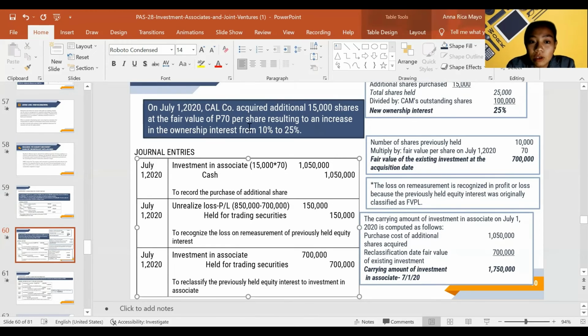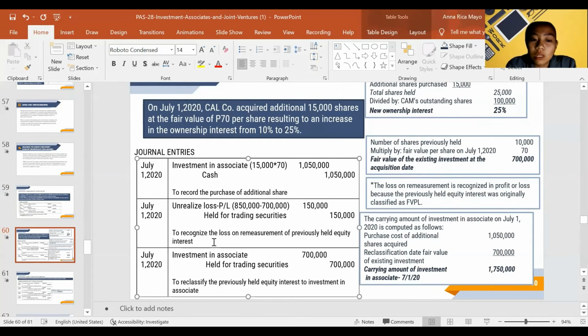And then dito, yung fair value ng bagong acquired mong share is 70 per share. Kaya 10,000 times 70 is 700,000. Kaya magkakaroon ka ng 850,000 less the 700,000, which is 150,000. Ito yung to recognize the loss on remeasurement of previously held equity interest.